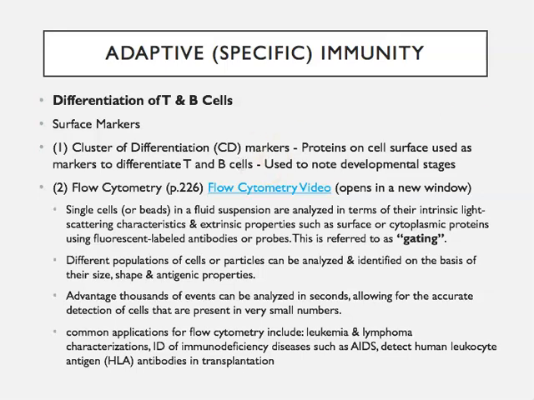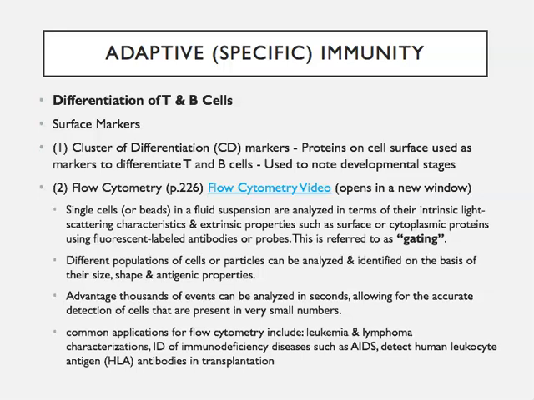These are proteins on the cell surface that are used as markers to differentiate T and B cells, and you can also determine what developmental stage the cell is in. This is done through flow cytometry, and you may have talked about that process in hematology also, because that's how most hematology analyzers work.